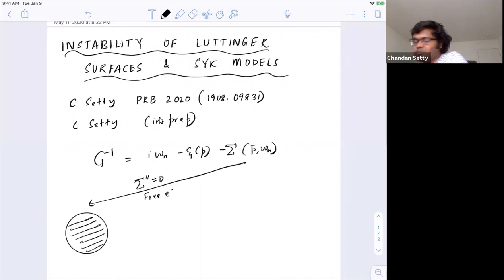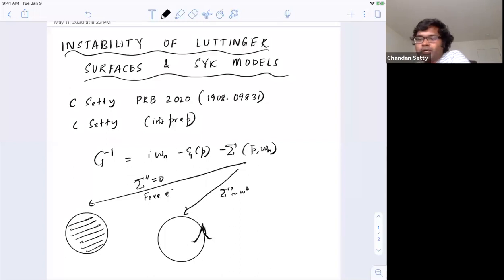Then you slowly turn up interactions, and then for weak enough interactions, you have self energy in which the imaginary part of the self energy goes as omega square. And when it goes as omega square, you can show that basically the Fermi surface is still well defined. That is, it's still reasonably sharp with some finite width, but that width is quite narrow. It's proportional to omega square.